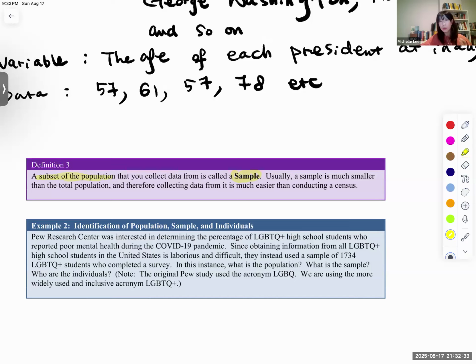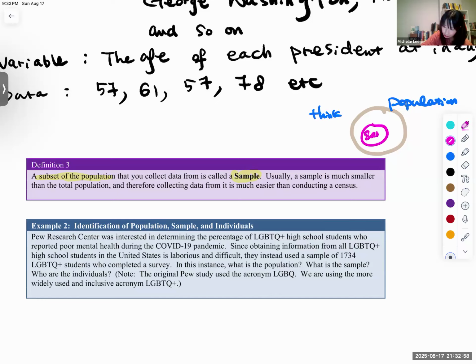So basically, if we have population, which is all the individuals, right? So let me write down. This is a population. Whole thing, right? And we have a subset of a population, so we will get sample here, right?